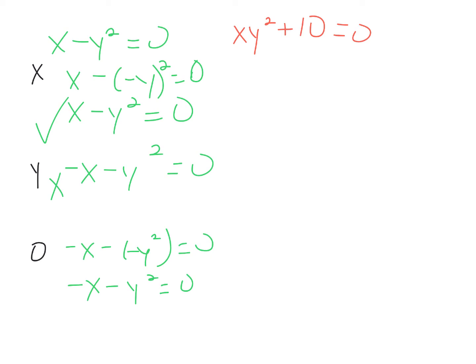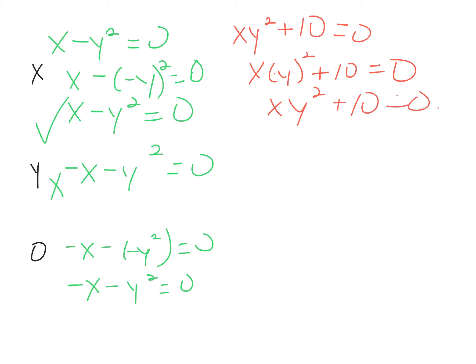Now to the other equation. Let's do x once again first. So that means we're putting in negative y. And negative y squared, we need to simplify. That's going to be xy squared plus 10 equals 0. So it's the same thing. Yes, it works. Once again, we get another x-intercept. Nice. Let's try symmetric over the y-axis.